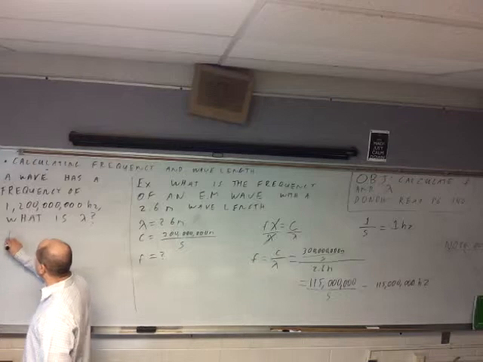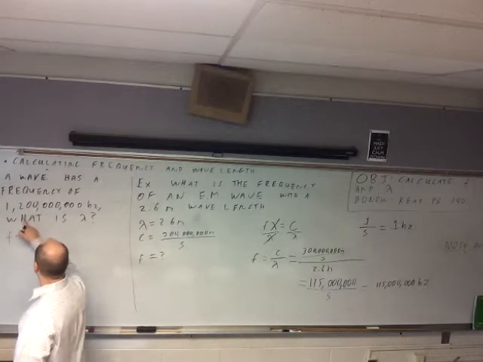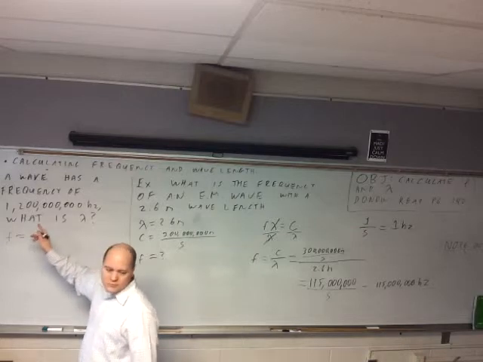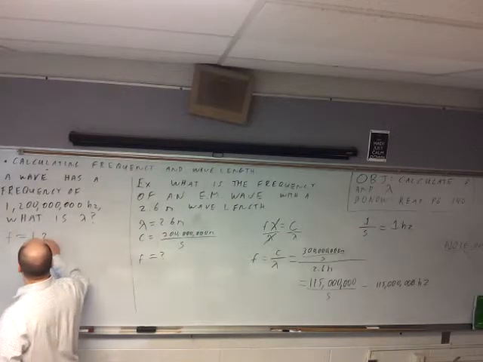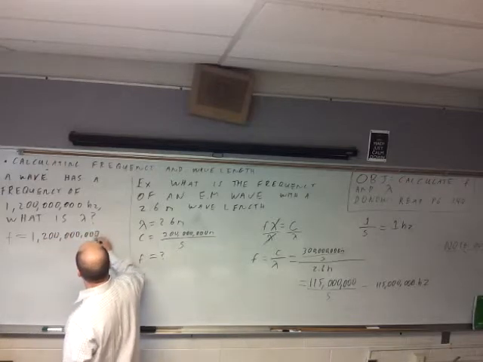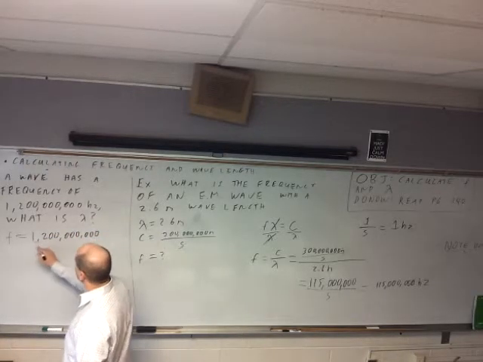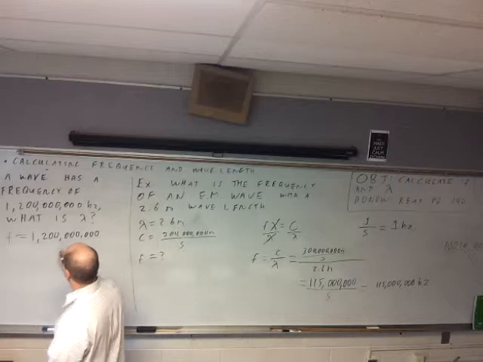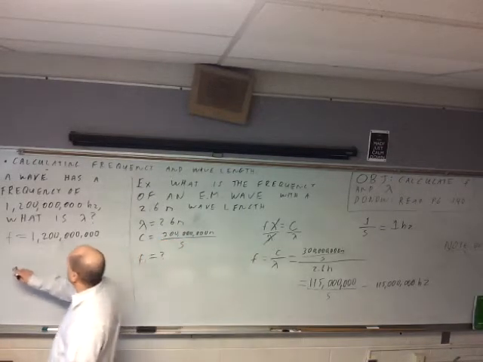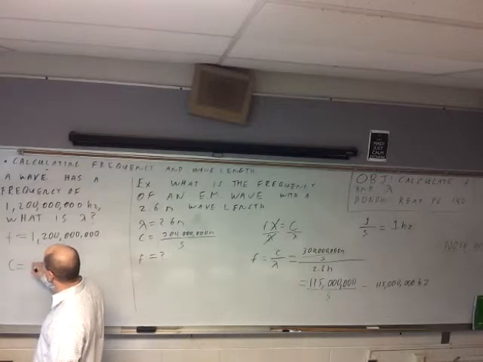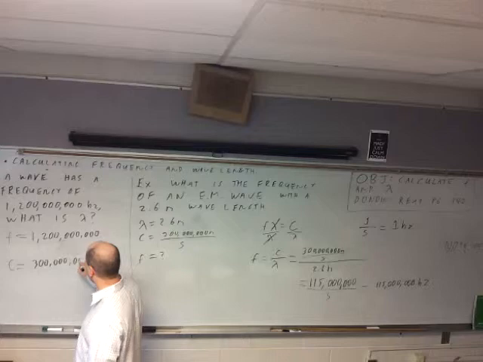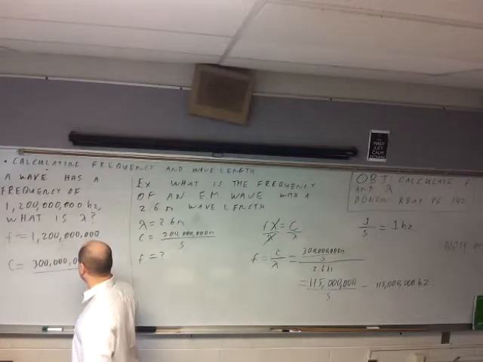So our f is this number here. Do you like it like this, or do you want scientific notation? Okay. So 1, 2, 0, 0, 0, 0, 0, 0, 0, 0 hertz or per second. I'm going to write it per second in the calculation so that you can have the seconds canceled. And then c is c. c is 300 million meters per second no matter what.